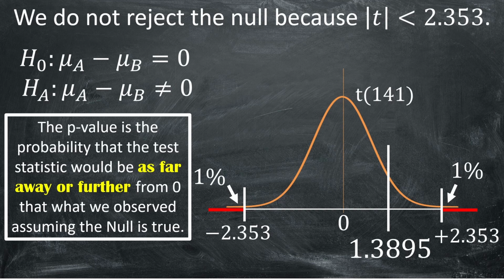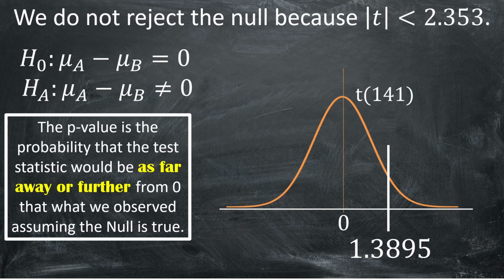In other words, if we were to collect some more data and repeat the whole process and get a new test statistic, if the null is true, what's the probability that test statistic would be as far away from 0 as the one we just observed? If this was an upper tail test, that p-value would just be the area on the right-hand side. But because it's a two-tailed test, we have to look in both directions, so it's both of those areas added together.